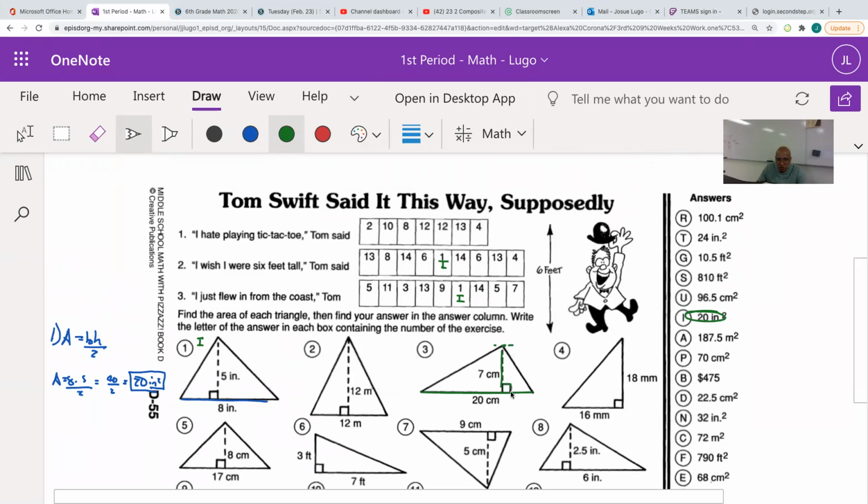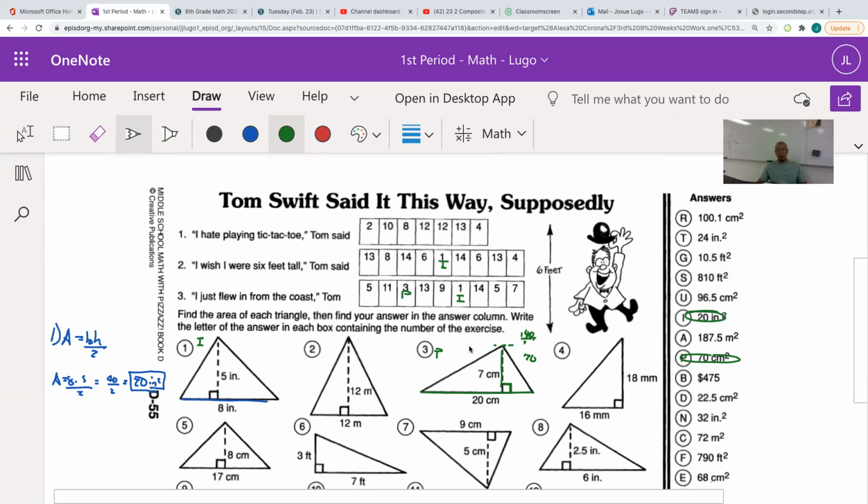And I know that they show me by showing me these are perpendicular. They make a right angle. So 20 times 7 is 140, divided by 2 is 70 square centimeters. 70 square centimeters is right here. So wherever I see 3, I'm going to put a P. 3, and here's P. There we go.